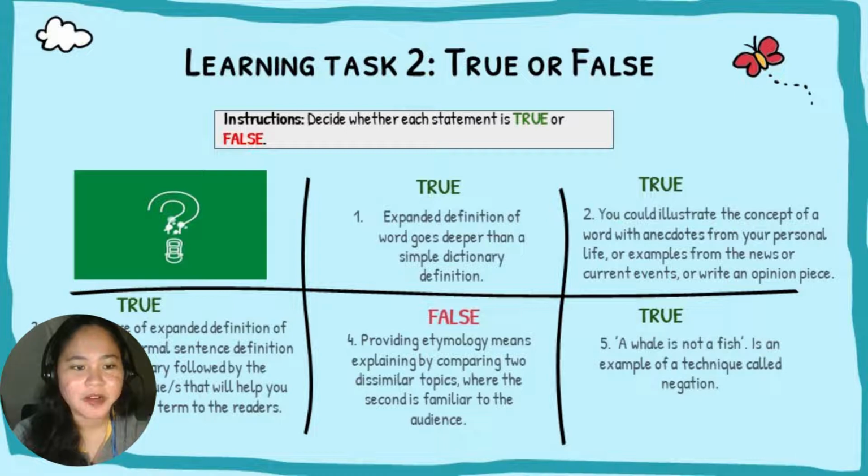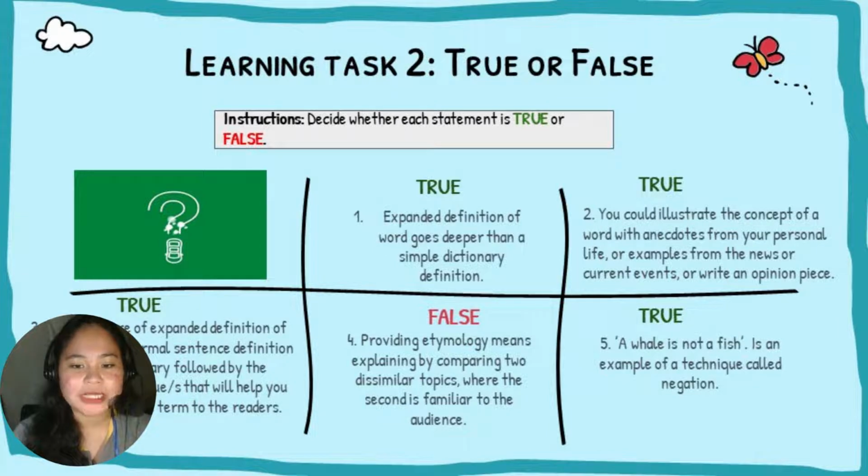How about number 3? The structure of an expanded definition of a word consists of a formal sentence definition from the dictionary, followed by the appropriate techniques that will help you explain further the term to the reader. So what is your answer? Is it true or false about expanded definition? Very good, it's true. Alright, how about number 4?